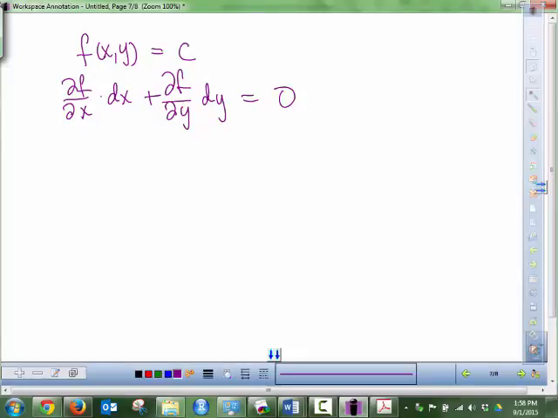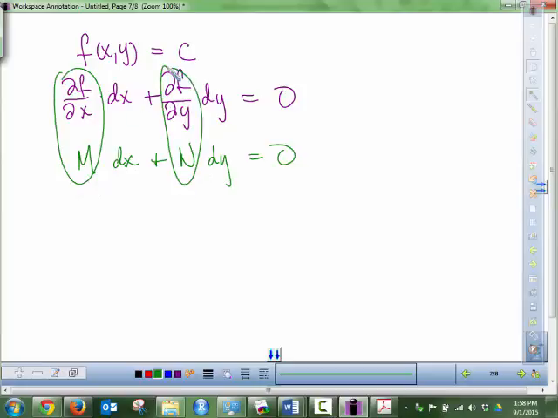So if you translate this into the m dx plus n dy, then you kind of have these things matched up. So it looks like m is equal to the partial of f with respect to x, and then n is equal to the partial of f with respect to y.